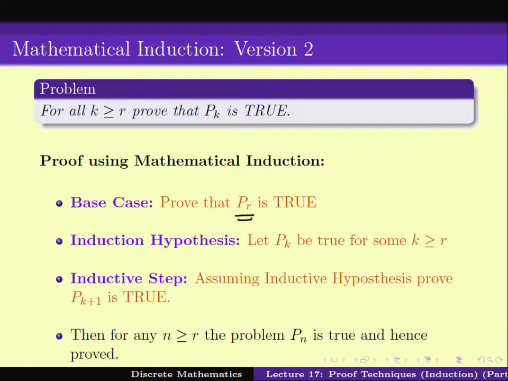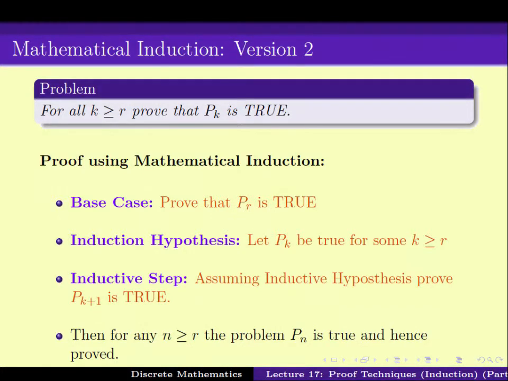We end up proving that for all n greater than or equal to r, the problem Pn is true. So this is a slight modification of the basic induction, and using that one we saw last video how one can solve a problem.